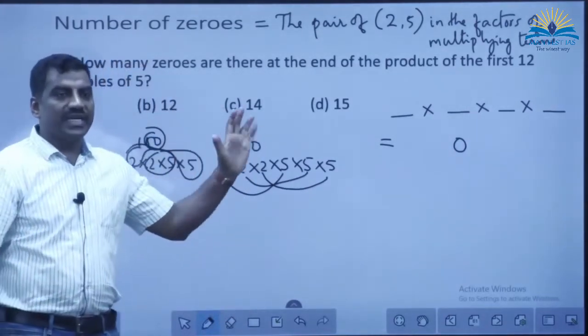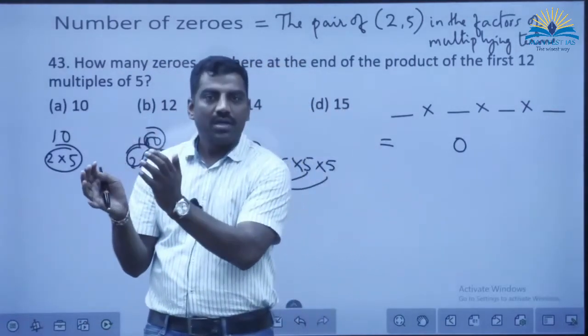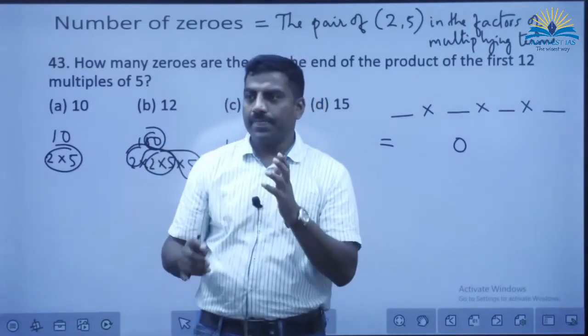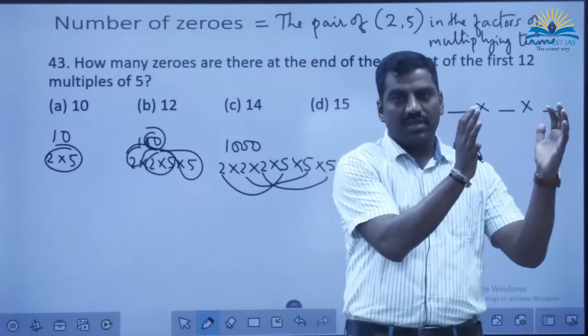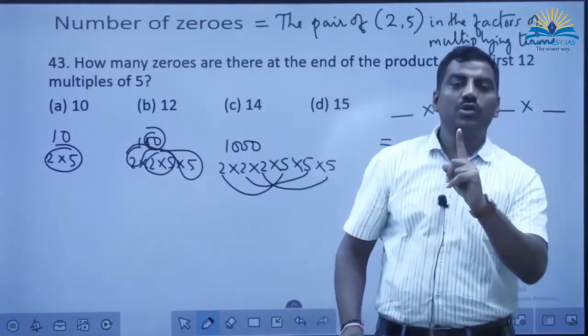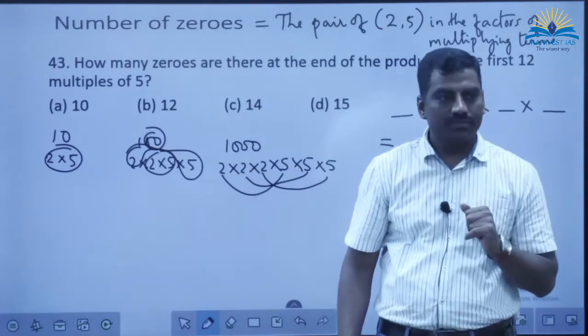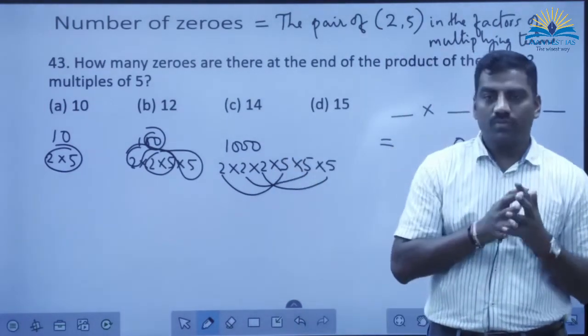The number of twos and number of fives that you get, you have to club them. How many pairs are there? That many zeros will come. For example, if there are three fives and one 2, how many zeros will come? 1 zero. There are 3 twos and 1 five.